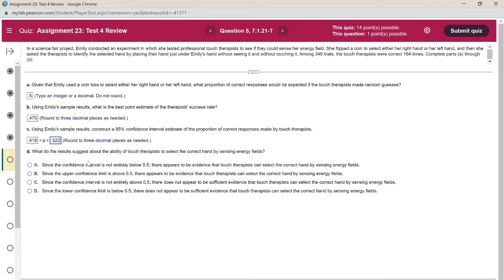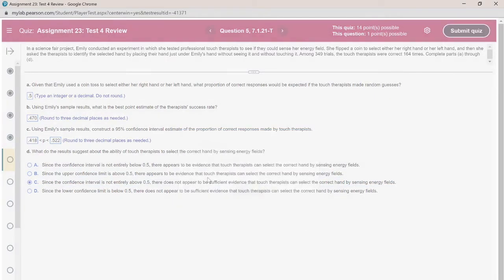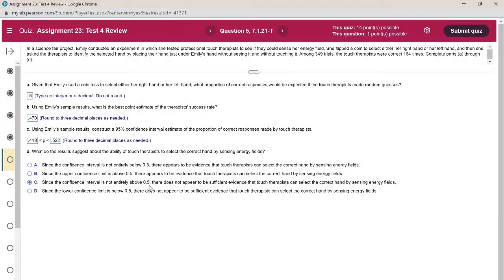Since the confidence interval is not entirely above 0.5, there does not appear to be sufficient evidence that touch therapists can select the correct hand by sensing the energy field.